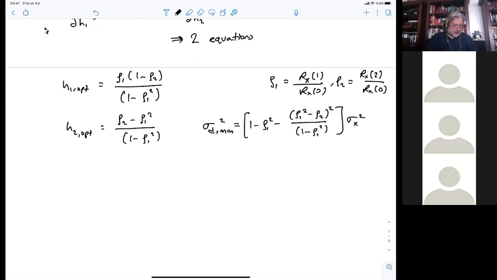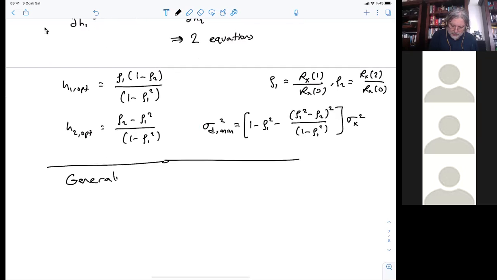Now, how can we generalize this thing? There are several ways for the generalization. It can be considered in a way as trying to find the inverse of a system.